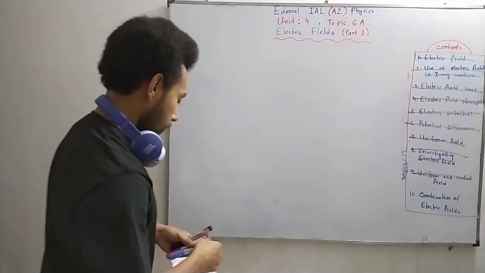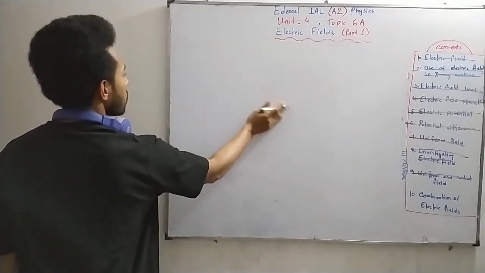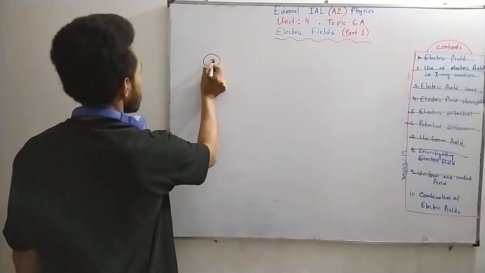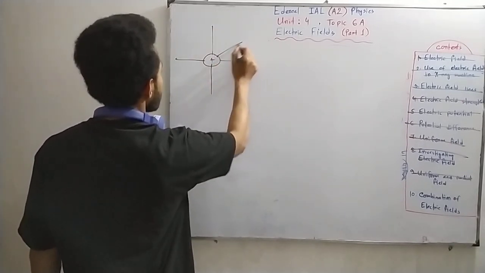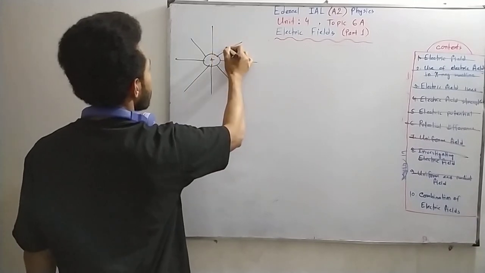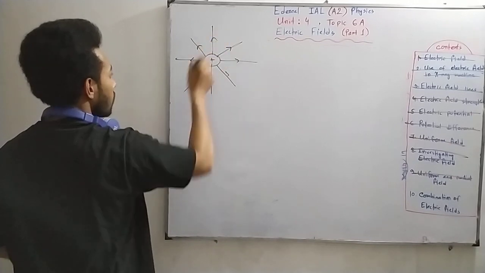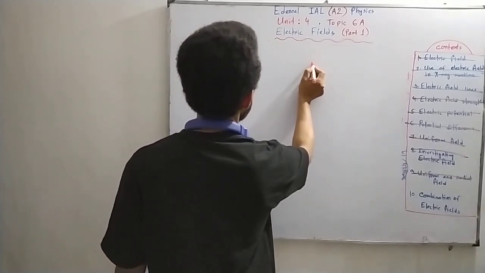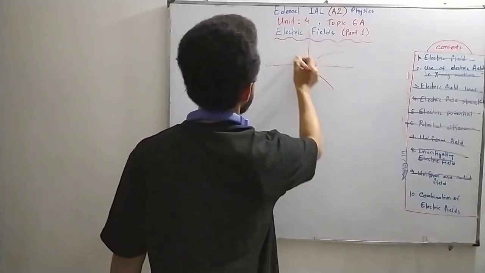Now, combining electric field, suppose this is a positively charged sphere, and in this case the field lines will be like this, and another, suppose this is a negatively charged sphere.